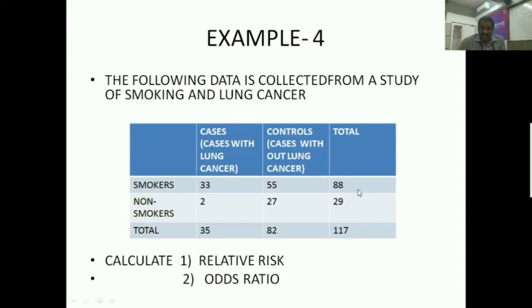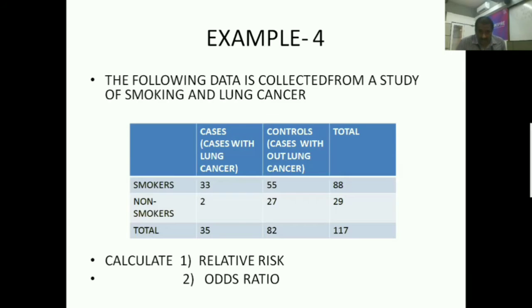It is 88, 29, and the grand total is 117. The column-wise totals are 35 and 82. You must see the rows and columns without including the totals. So this is a 2x2 table, generally used for relative risk and odds ratio. Here the question is to calculate relative risk and odds ratio.